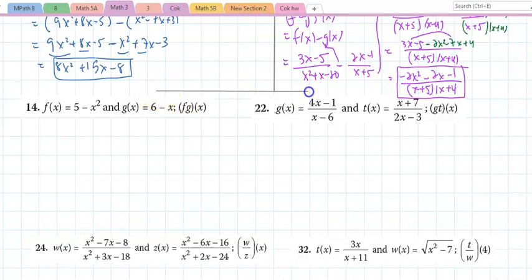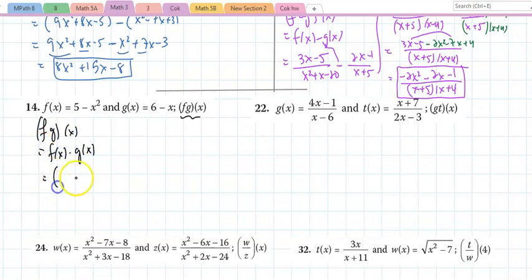Now I'd like to look at the next set of problems. 14, f times g of x. So f times g of x is really f of x times g of x. And f is actually 5 minus x squared. It's right there. And g of x is right there.